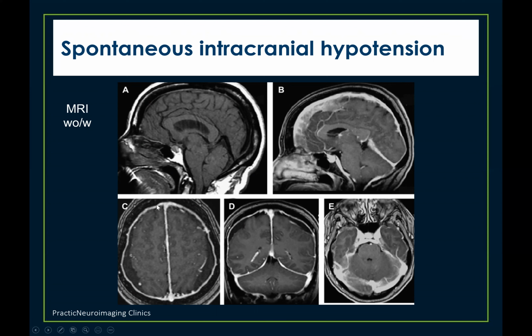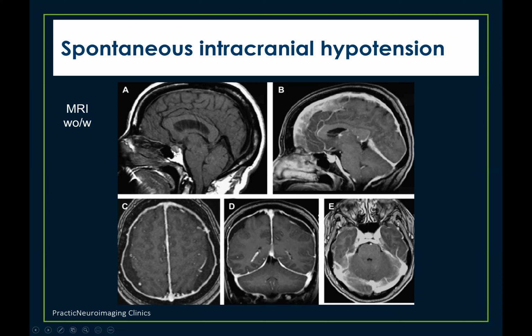We usually see dural thickening and enhancement, venous congestion, everything kind of trying to keep the pressure inside the intracranial compartment. There might be even development of subdural hematomas. There is this downward displacement of the brain structures described as sagging of the brainstem.